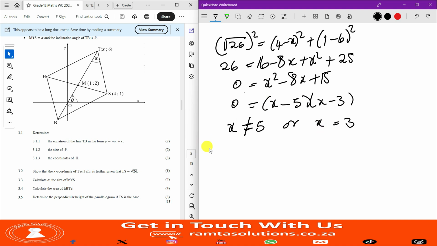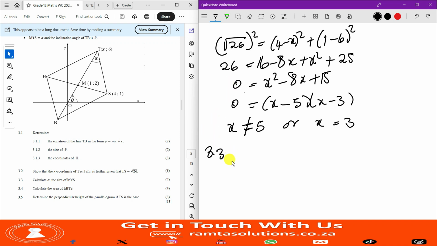Good. Now, 3.3. Determine, what is it? Calculate alpha, the size of angle MTS. Interesting.